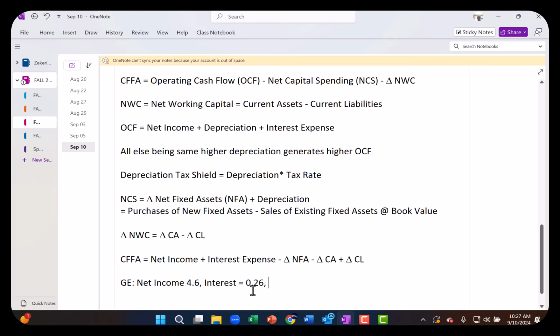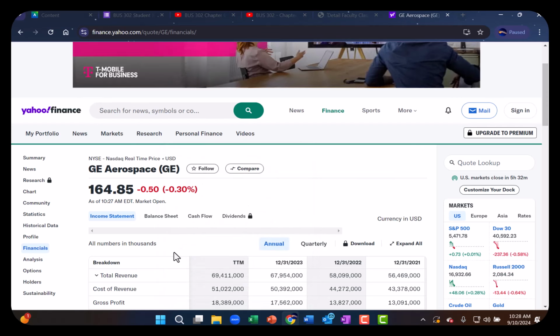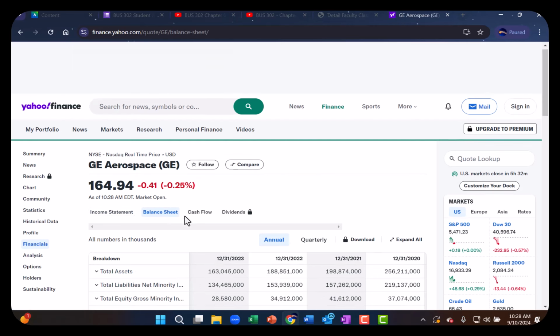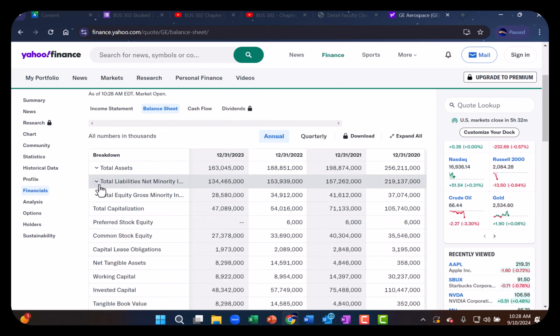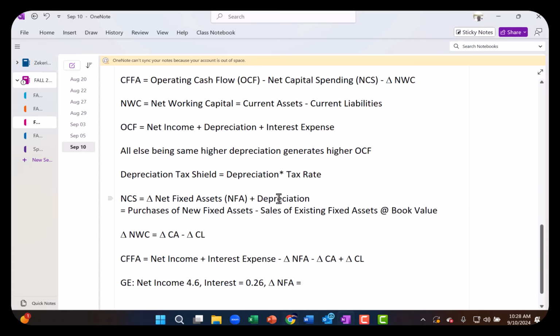These are in billions. That's negative 27 or so.